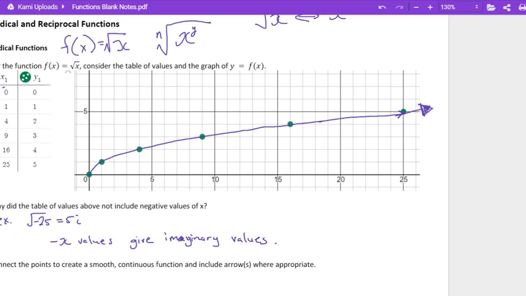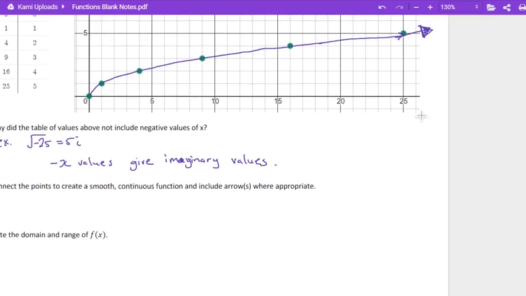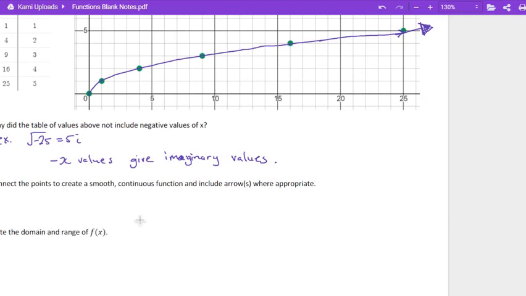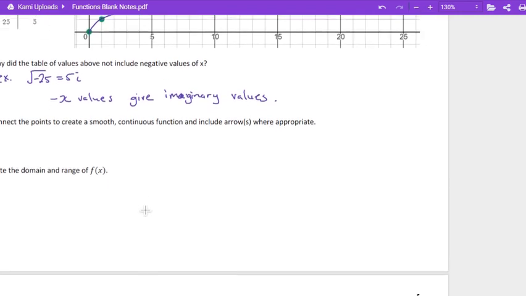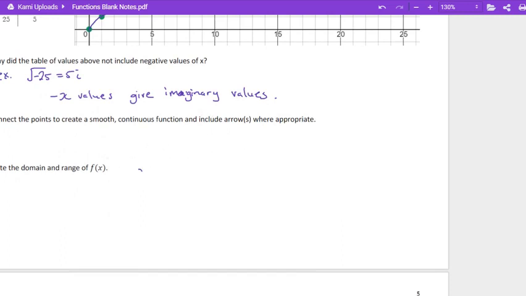All right. Let's state the domain and range of the parent function of a radical function. So let's start with domain. Because it's continuous, we have to use the notation that x belongs to a set of real numbers.